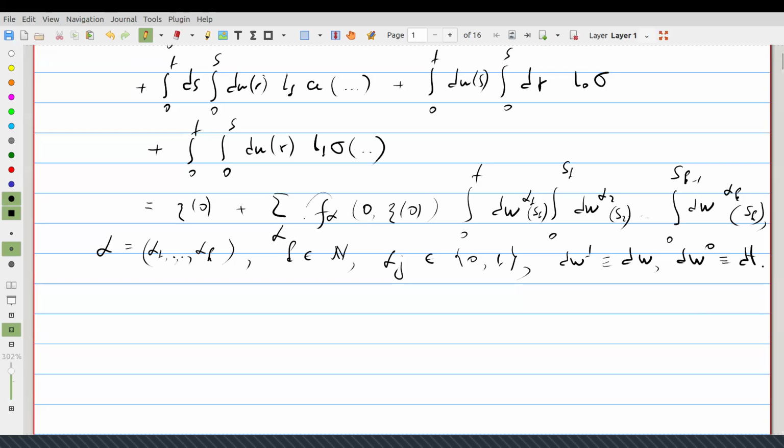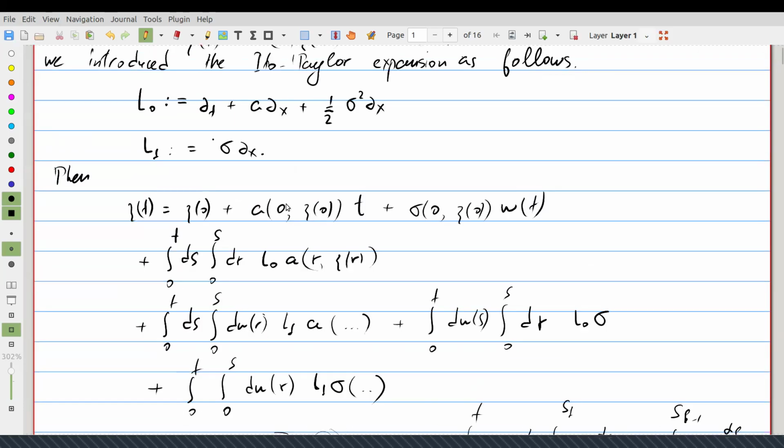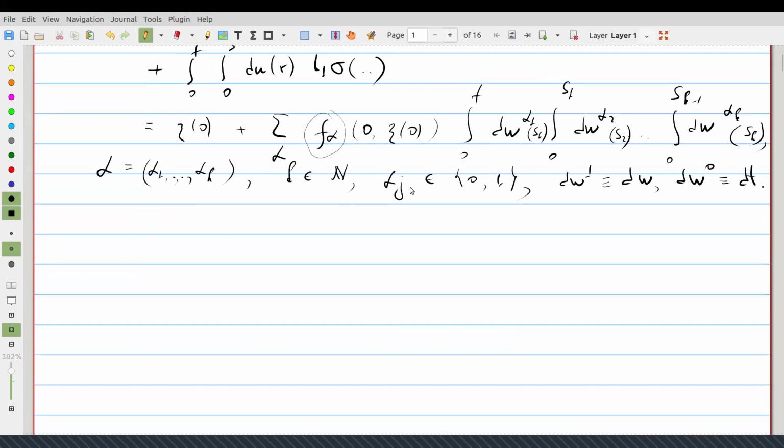And f_alpha is a combination of derivatives of our coefficients.